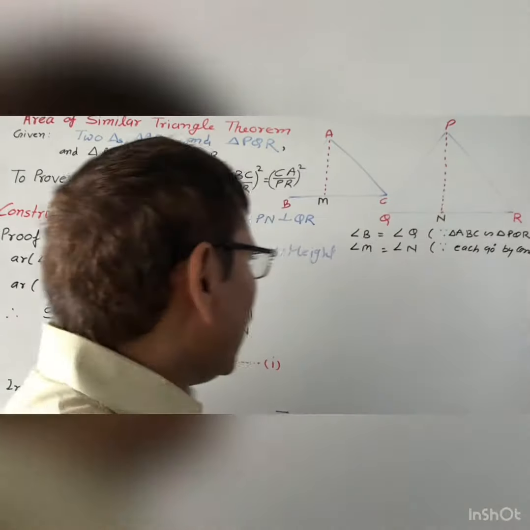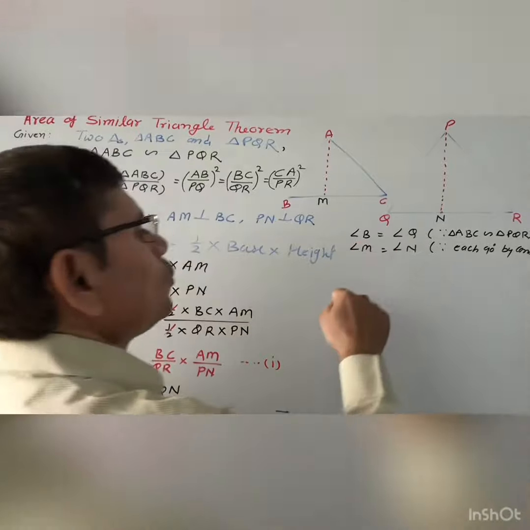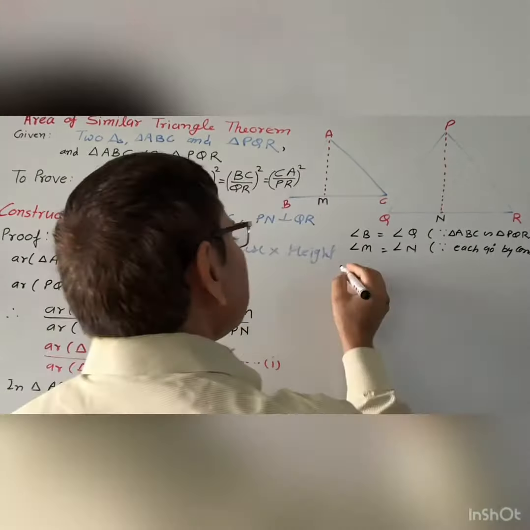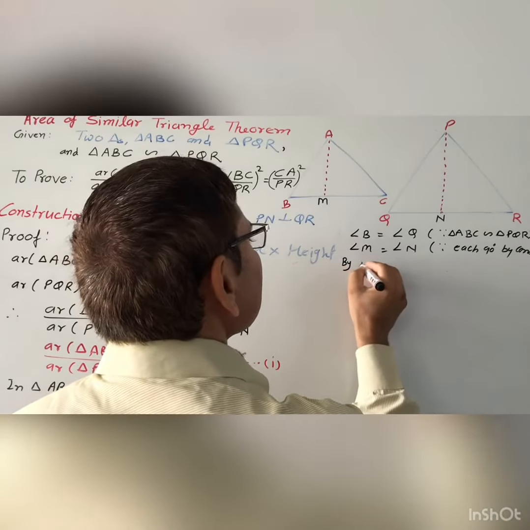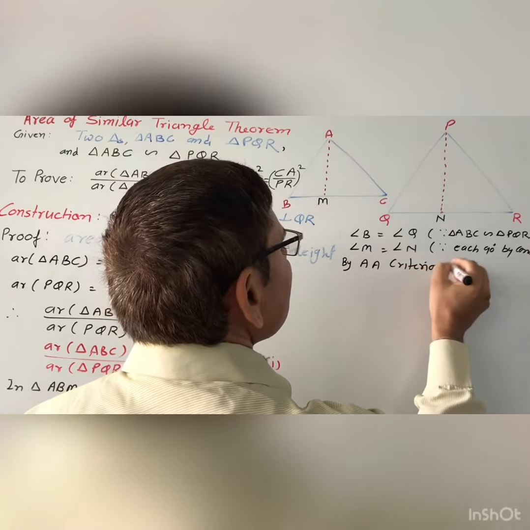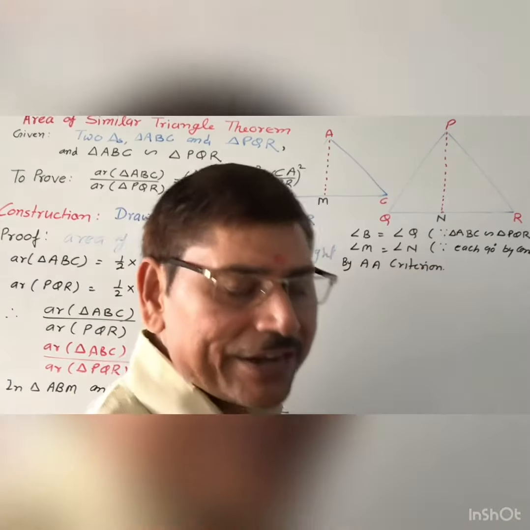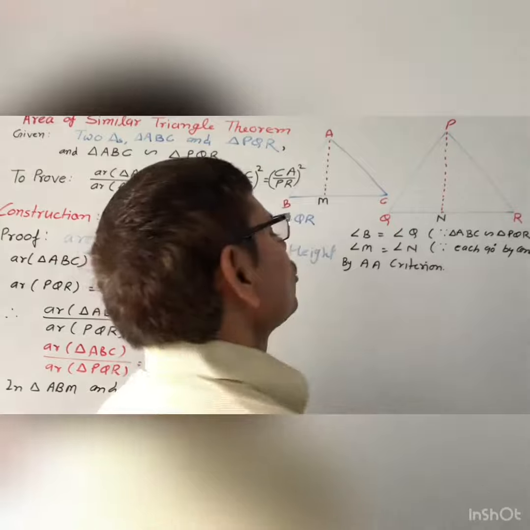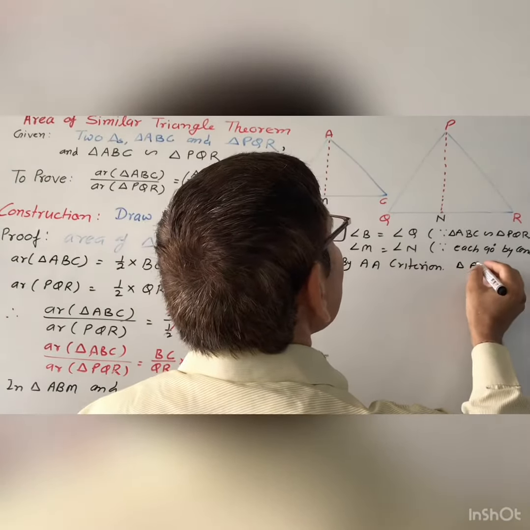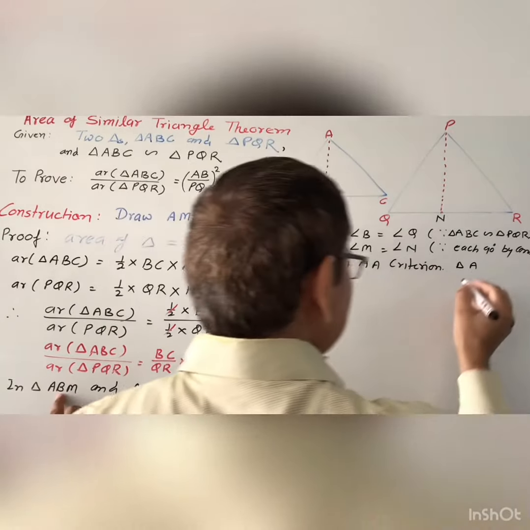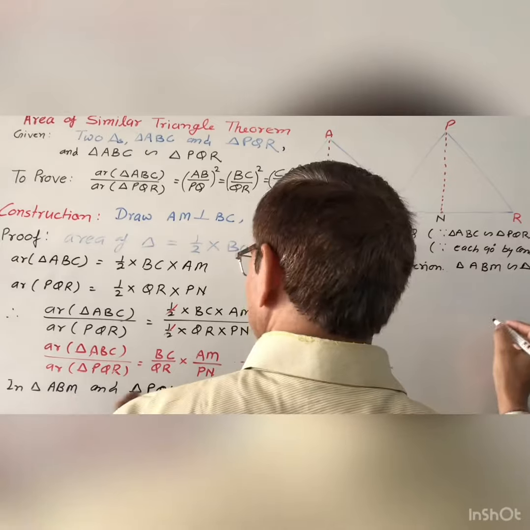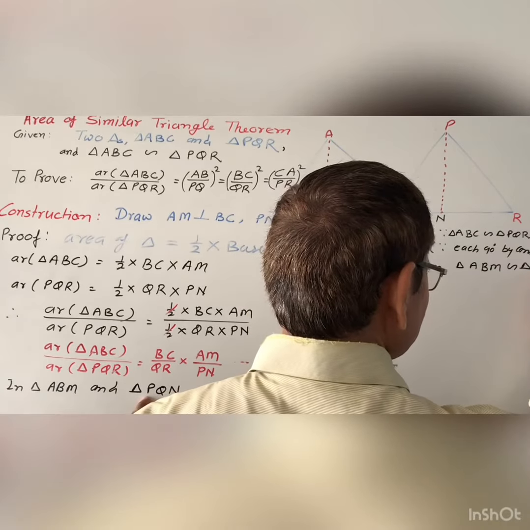Okay. Now if these two angles are equal, then by AA criterion, or otherwise you can write similarity, so that triangle ABM is similar to triangle PQN.